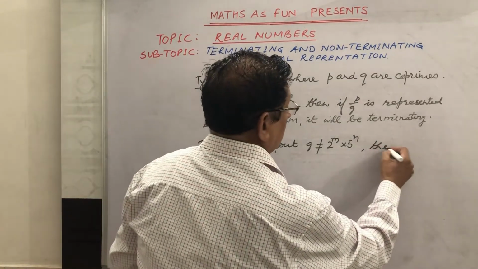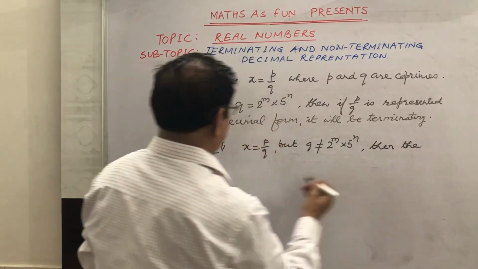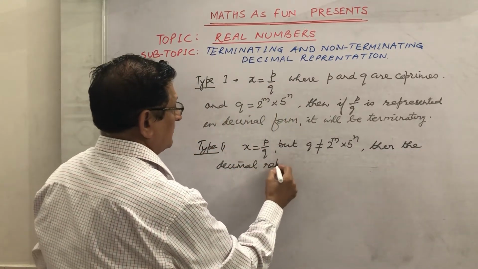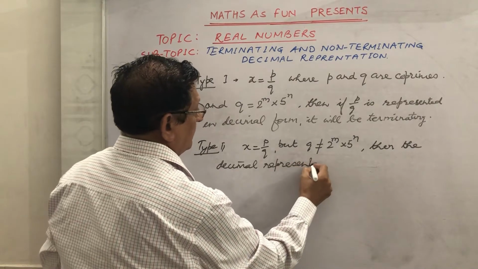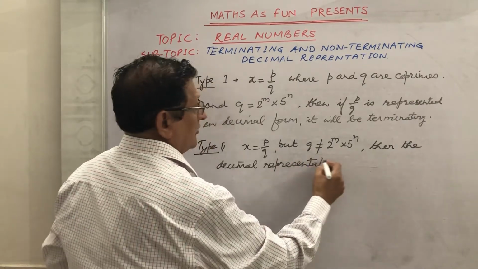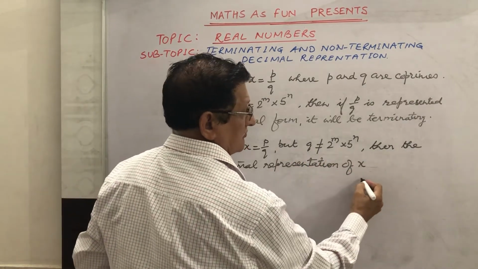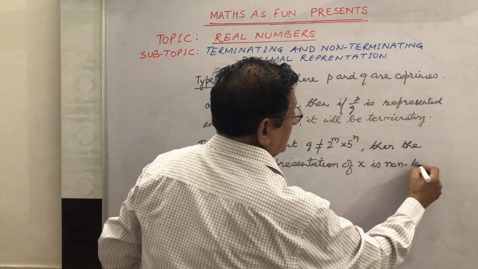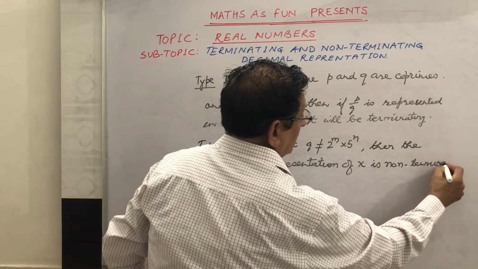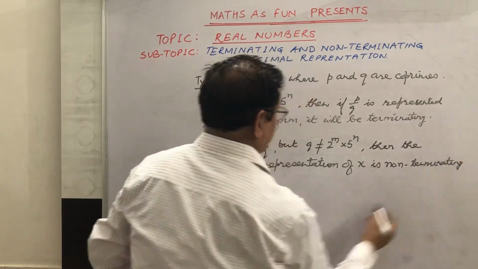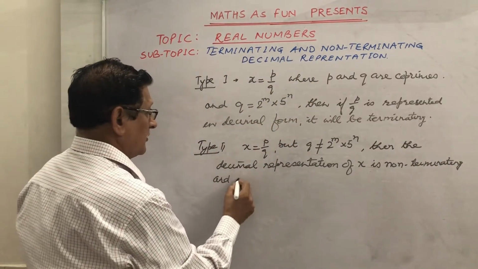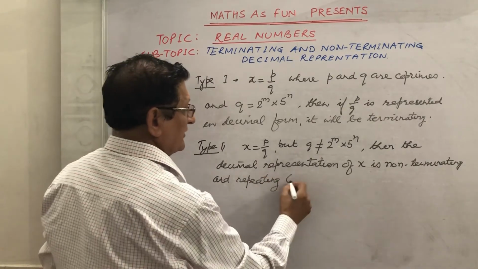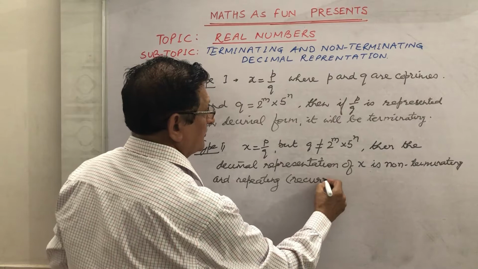Then the decimal representation of x is non-terminating and repeating. That is also known as recurring.